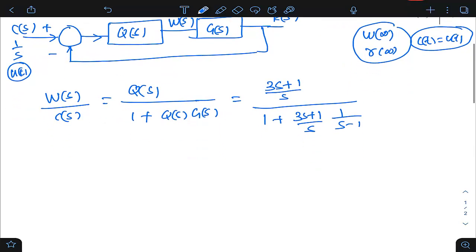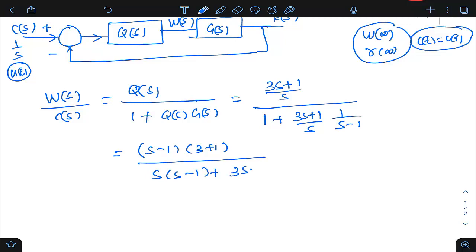Now let us multiply S into (S minus 1) in both numerator and denominator. If I do that, S and S minus 1 will be cancelled out. So it will be (S minus 1) into (3S plus 1), and this is again S into (S minus 1) plus (3S plus 1).